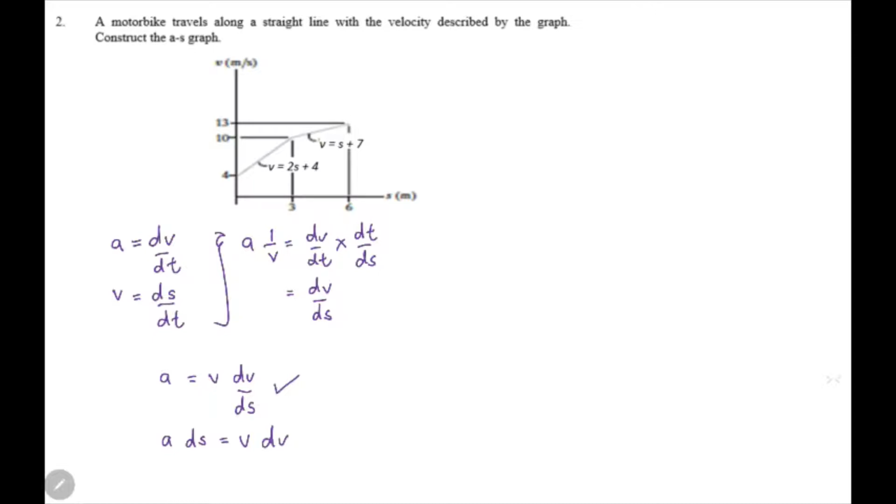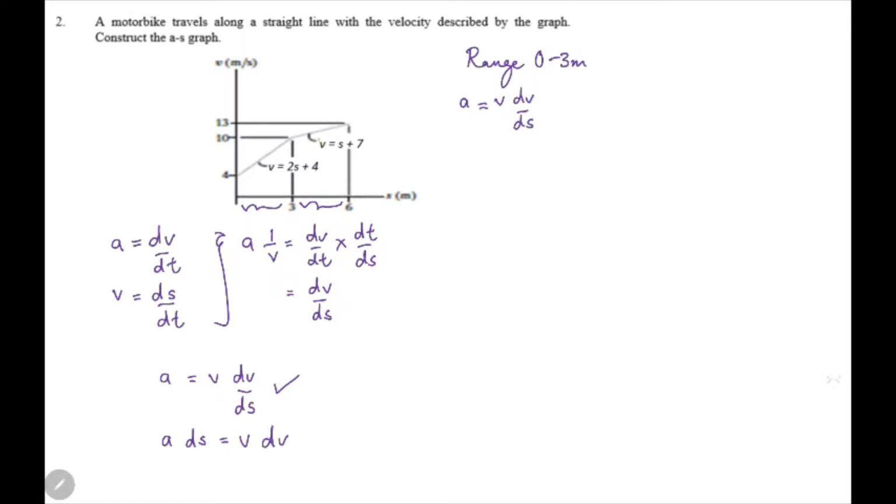Okay, so based on it, let me look at it. There are two ranges of our graph: one that is from 0 to 3 meters and another one that's from 3 to 6 meters. So let's look at the range from 0 to 3 meters. We have a equals v dv per ds.